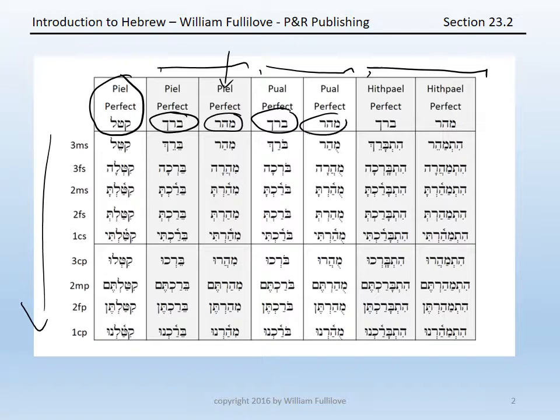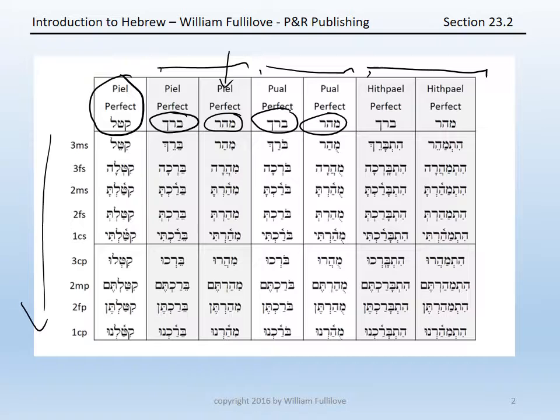With Mahar, which shows virtual doubling instead of compensatory lengthening because the second root letter is a he, you still have the qibbuts of the Pual: Muhar, Muhara, Muharta, Muhart, Muharti, Muharu, Muhartem, Muhartem, Muharnu.